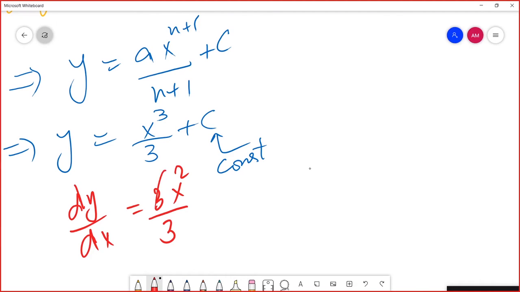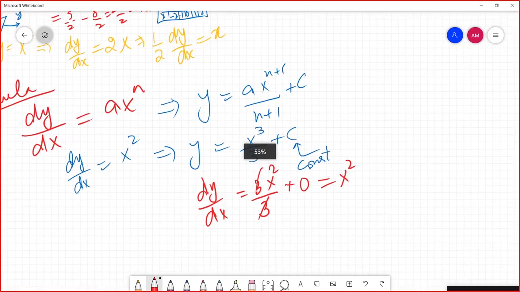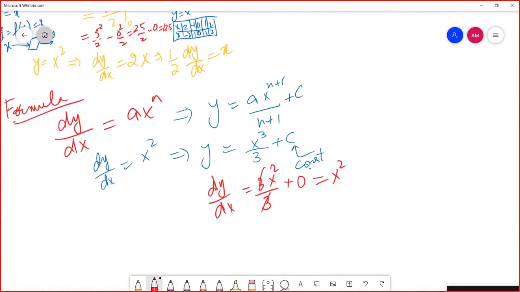And the differentiation of a constant is 0. So this becomes x squared, right? So this is dy upon dx. Now we see something very interesting: these are reverse processes. You took the anti-differentiation of x square, it was x cube over 3 plus c.